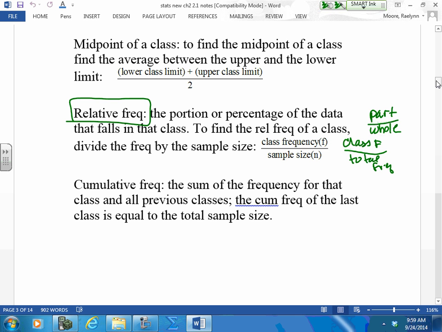And rule of thumb is when you round to 3 decimal places. Some of the books sometimes round to 2. We can round to 2. But it's a good one to round to 3.